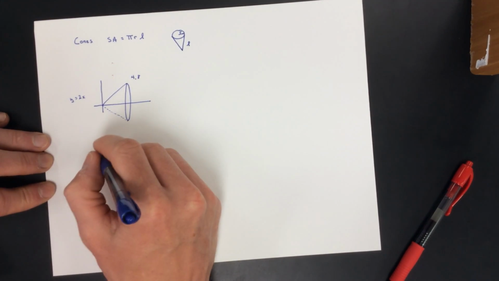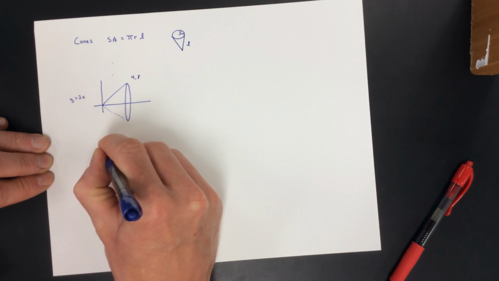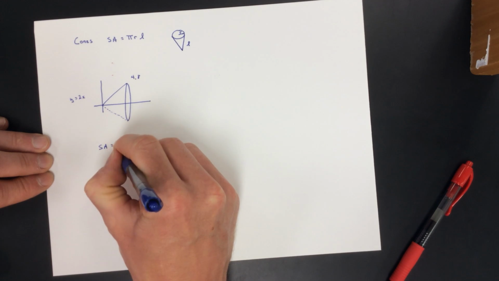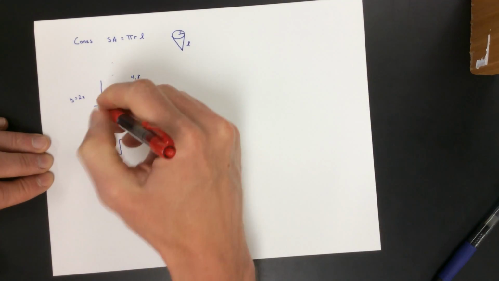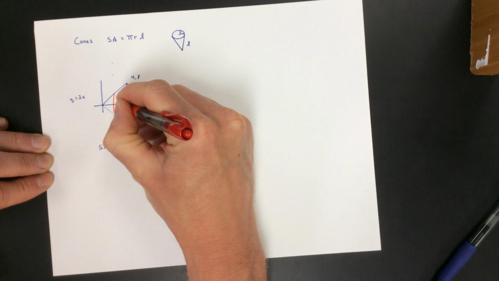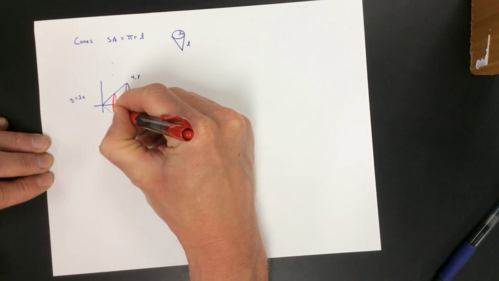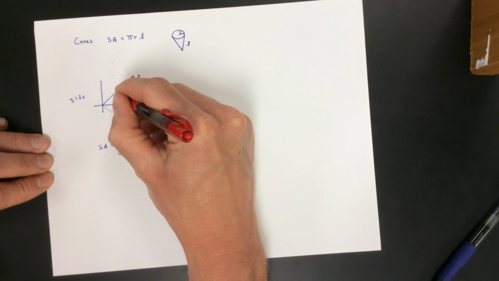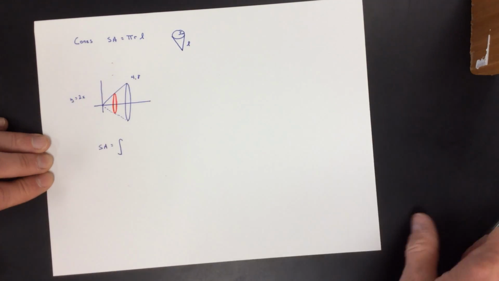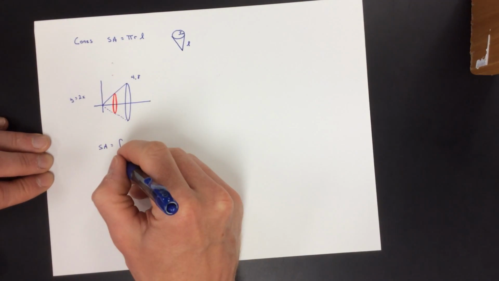So if we use the calculus formula that we derived, we would say that the surface area is the accumulation, and again we're accumulating these rings, right? Give it a little thickness. Accumulating these rings this way, we're going to accumulate them from 0 to an x value of 4.